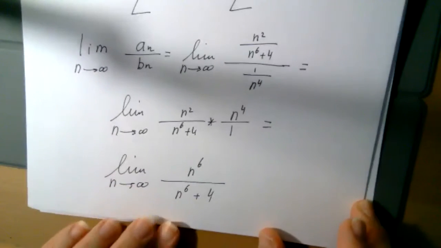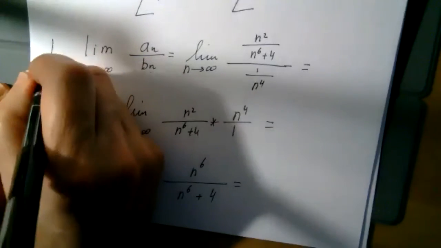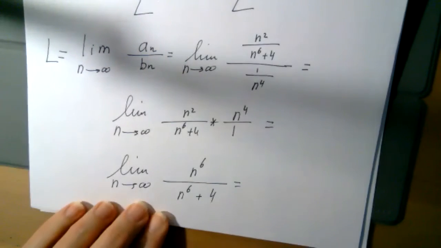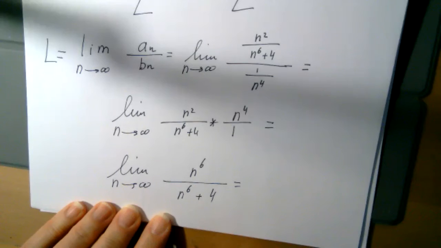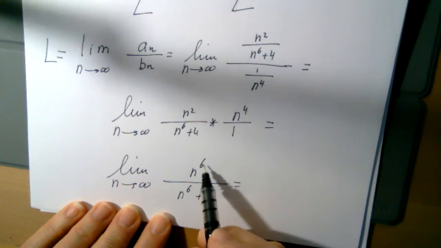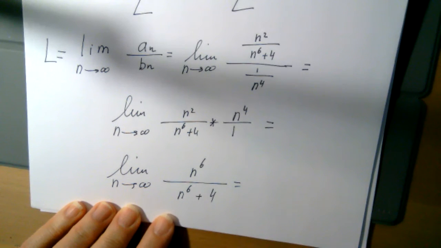Now, when n goes to infinity, so this is my L. This is the L of the theorem that you guys should have in front of you. So when n goes to infinity, what does n to the 6 over n to the 6 plus 4 become close to?